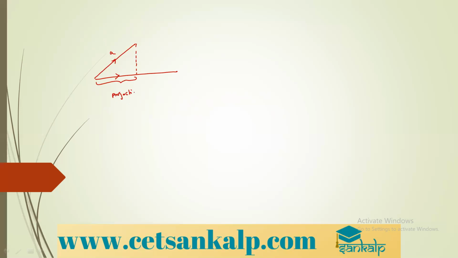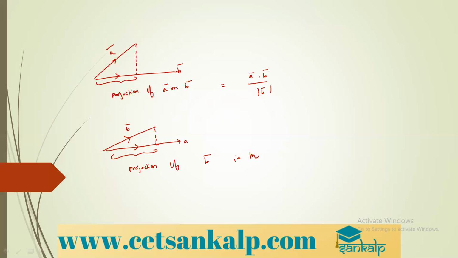This is the projection of vector A on vector B. This is vector B. And that is A dot B by magnitude of vector B. Similarly, if you are taking the projection of vector B in the direction of vector A, that will be equal to B dot A by magnitude of vector A.